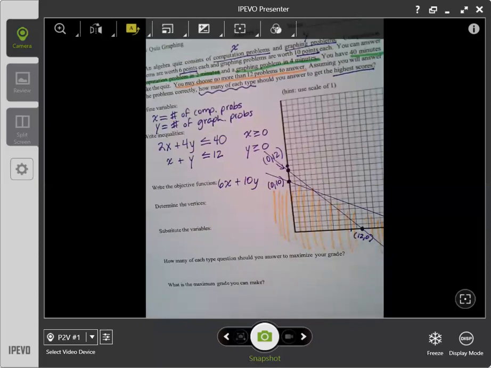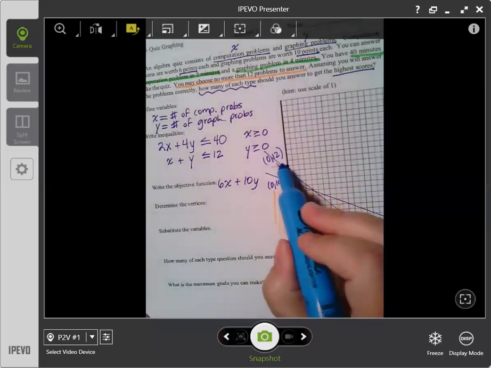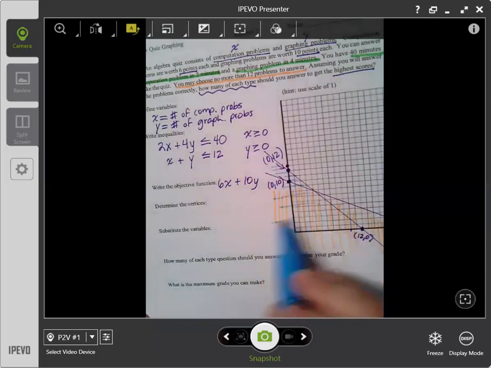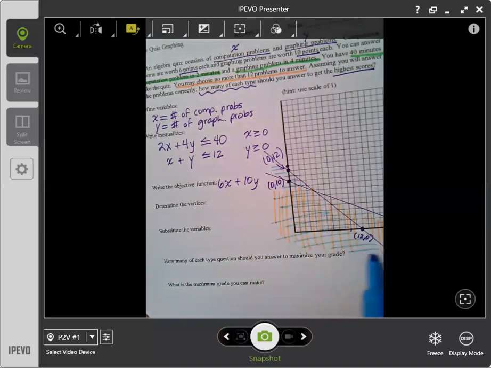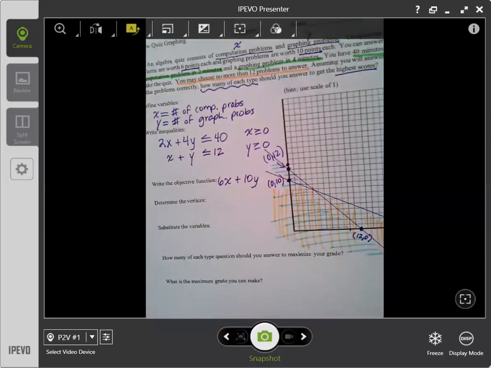And let me see what I can find in terms of highlighter that fits well. Most of my highlighters are kind of dark. But again, it's below. And there we go.